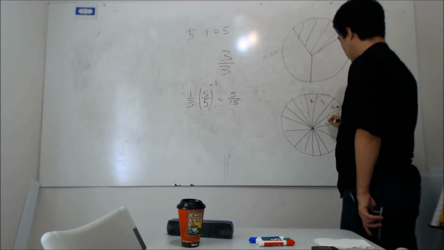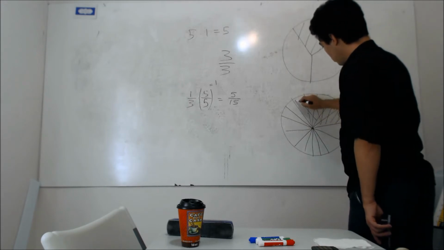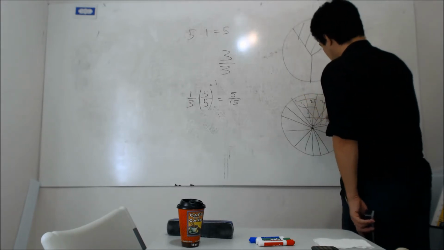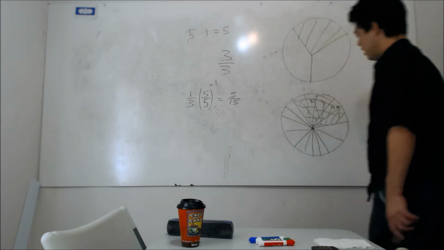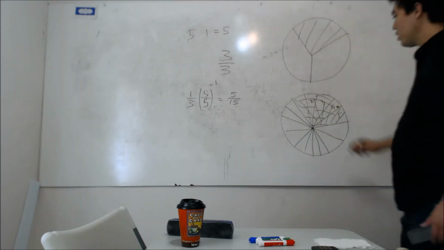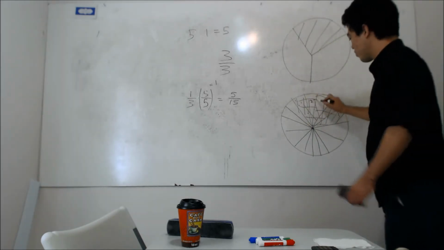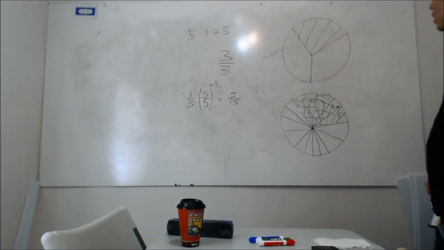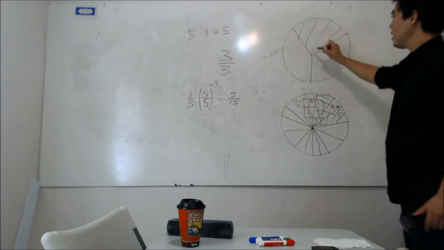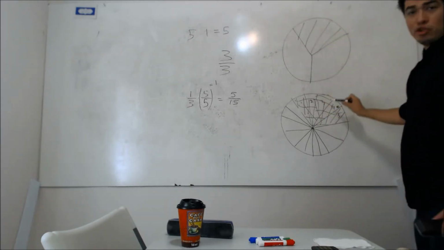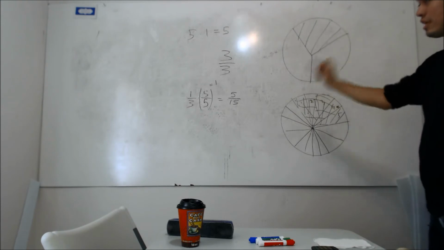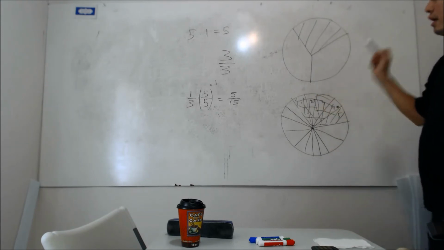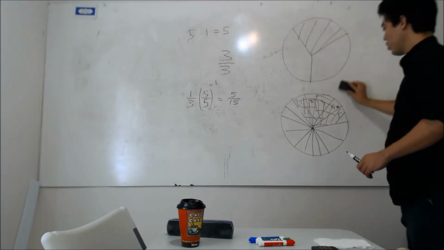So it's going to be all of this part. And of course, I'm doing this right on the board, so my drawing may not look perfect. But if you do it perfectly, you will see that this piece has the same size as this piece. So these two fractions represent the same quantity, and this is important, and you're about to see why.